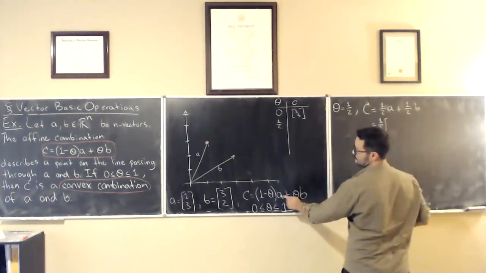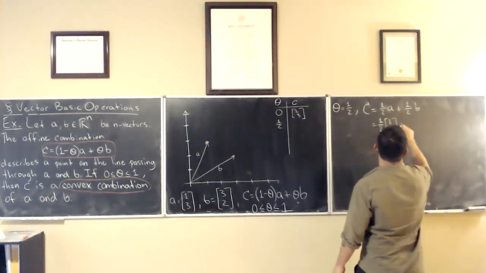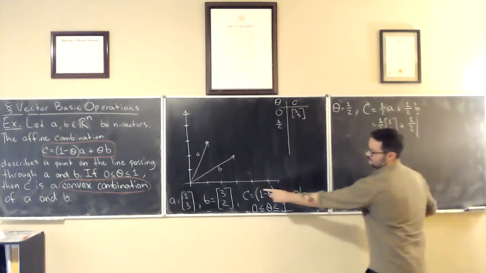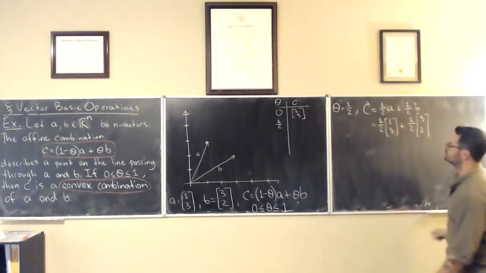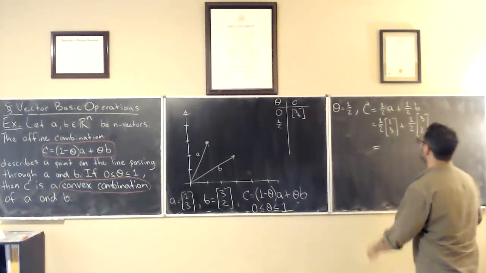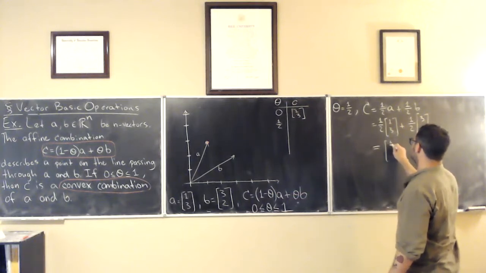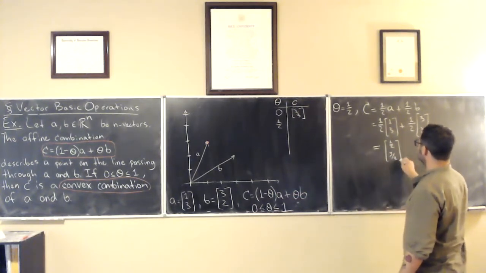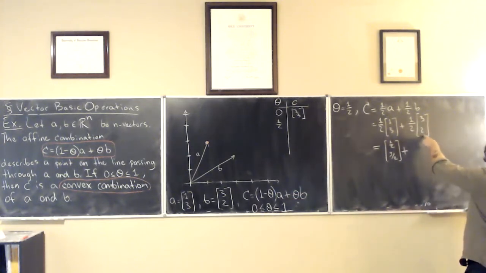A is 1, 3. And what is B? B is 3, 2. So we have the vector 1/2 and 3/2 plus 3/2 and 1.